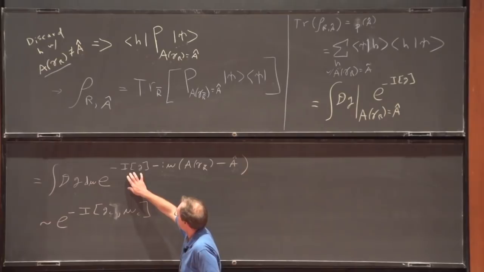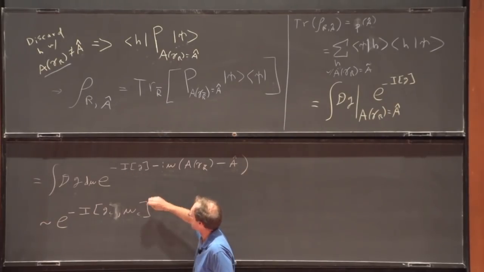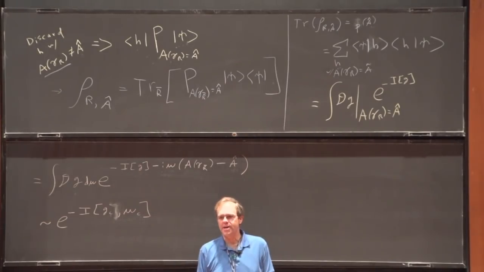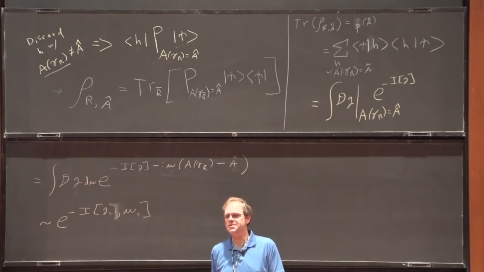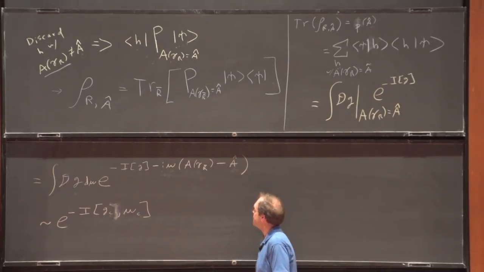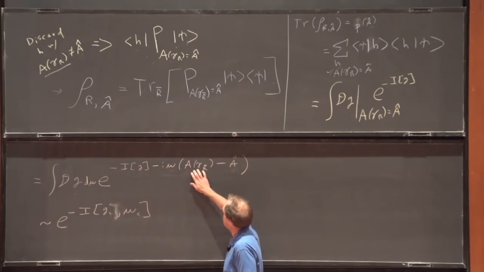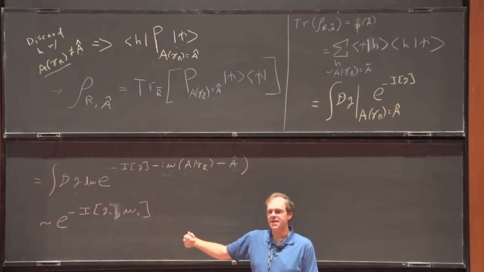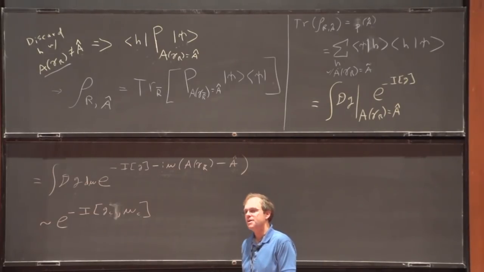So the solutions, the stationary points for this problem, are things that solve the classical Einstein equations away from the HRT surface. At the HRT surface, the effect of adding one of these branes with an effective tension mu is to induce some conical deficit or excess angle governed by mu.